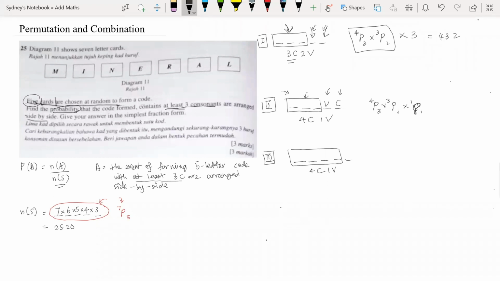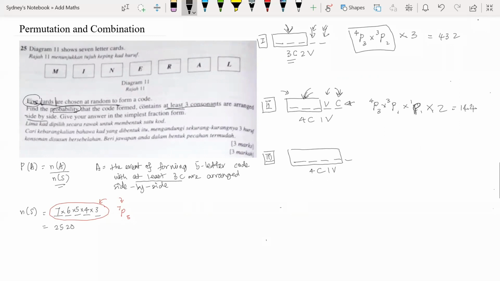The only change for this second scenario is that the 2 groups of C can swap place, so that makes another 2 ways of such arrangement. So 4P3 times 3P1, times 1P1, which is always 1, and then times 2 for this arrangement.